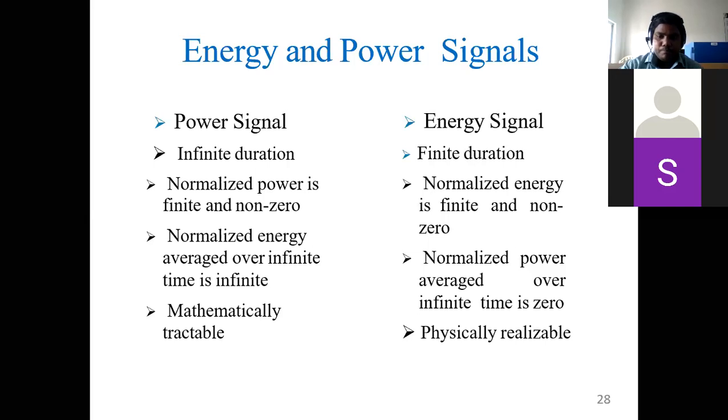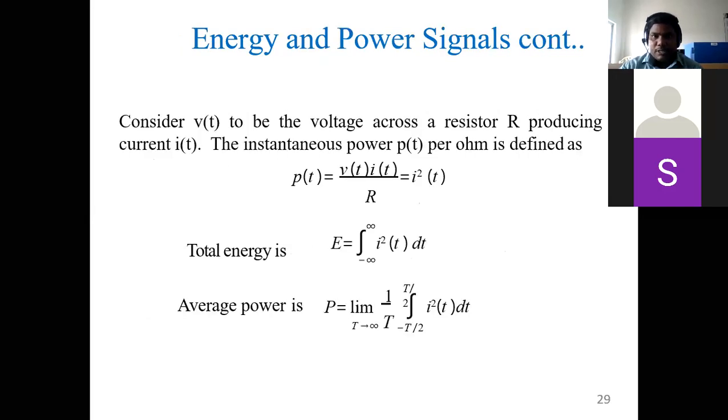So finally, the energy and power signals are mathematically represented with one simple circuit, that is, consider V of t. So V of t is nothing but the input signal which has some magnitude, nothing but voltage. That is mathematically represented as V of t.